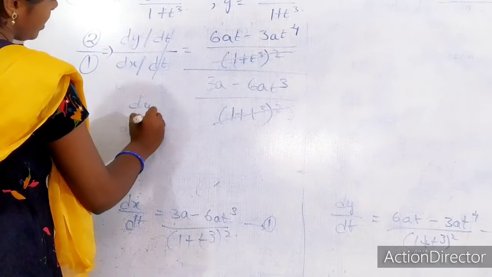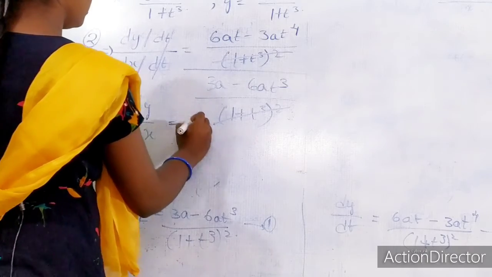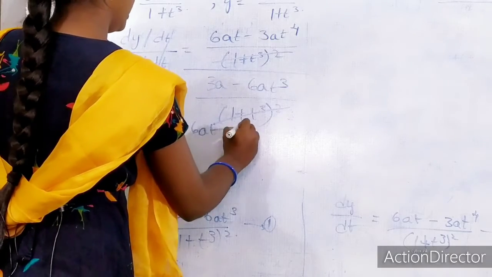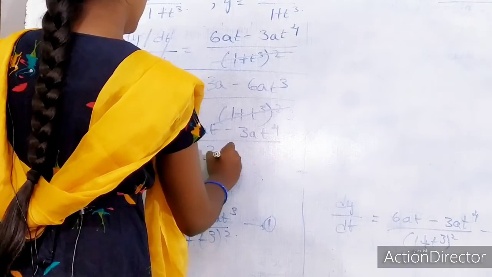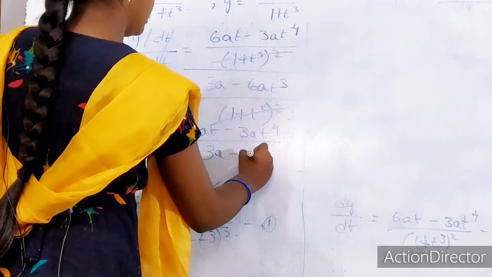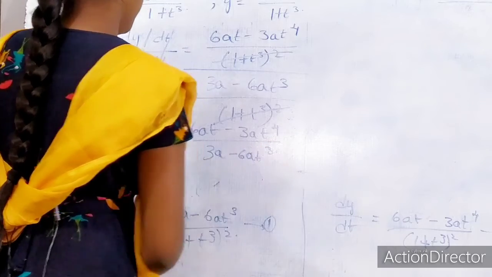So dy by dx is equal to 6at minus 3at to the power of 4 divided by 3a minus 6at cube.